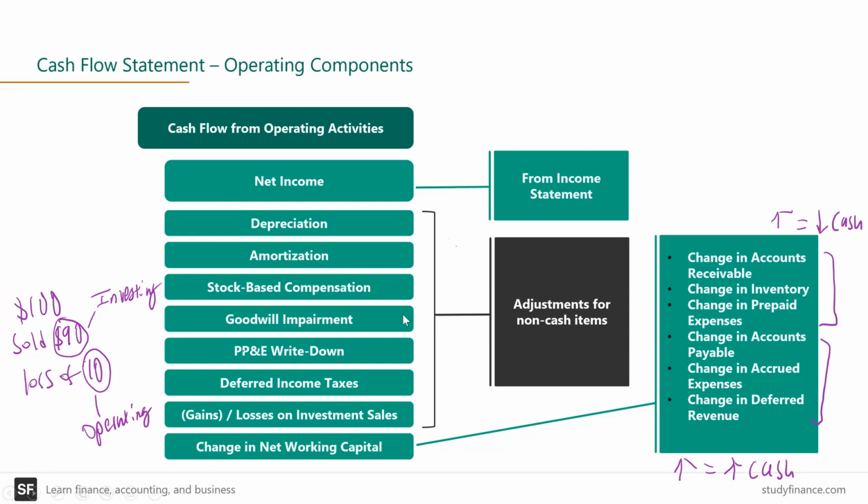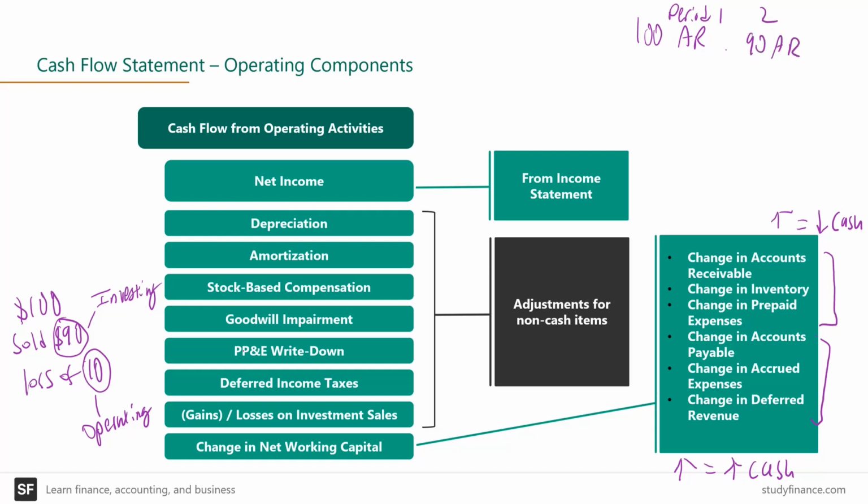To get a better sense of net working capital, imagine you had $100 in accounts receivable. We'll just call it AR. And this is in period 1. So in period 2, you have $90 of AR.